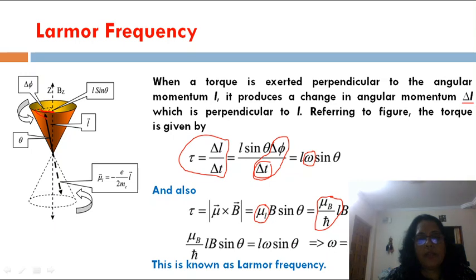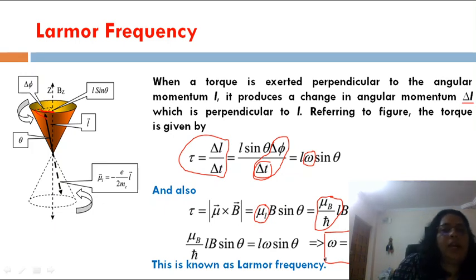Therefore omega is equal to, because this is also torque, we correlate these two. After correlating these two, we get omega is equal to mu B B by h cross. This is just a mathematical treatment for understanding the concept. This is called the Larmor frequency.